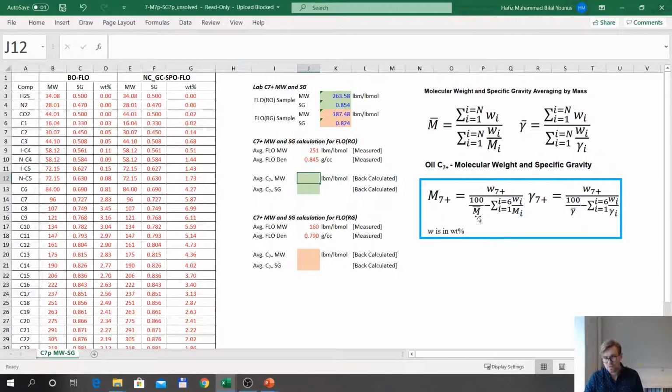And we know that because the average molecular weight is measured, the component mass fraction of everything up until C6 is measured.